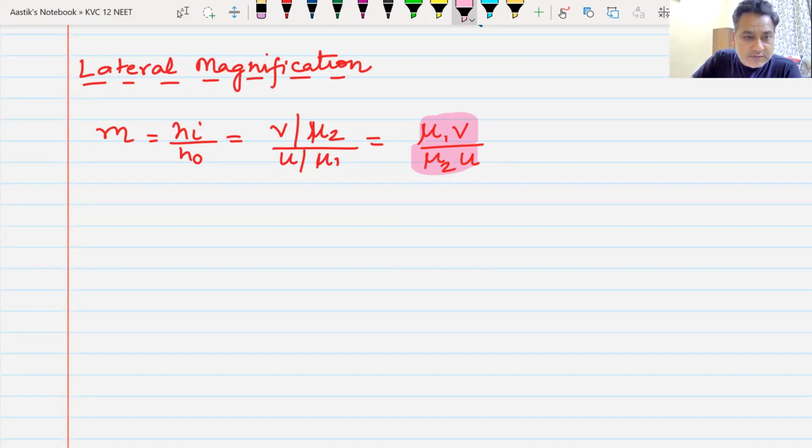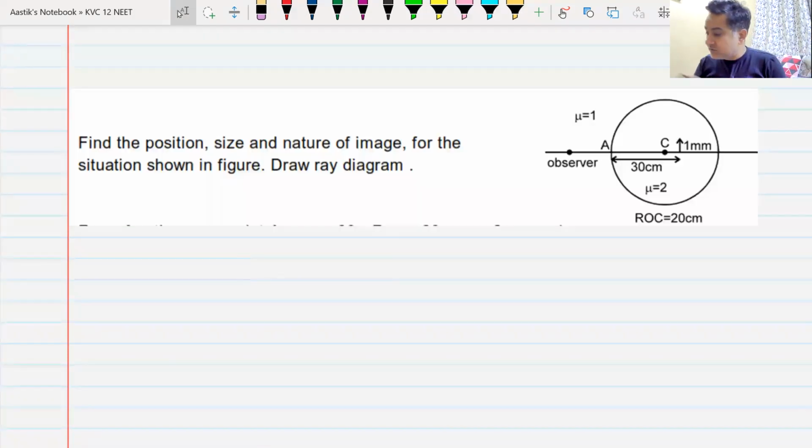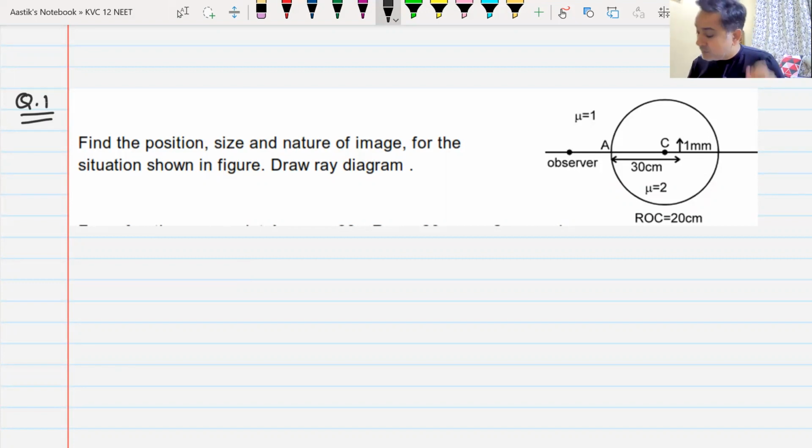The question comes on your screen, and I want a quick answer from everyone. I can call it question number 1. Find the position, size, and nature of the image for the situation shown in this figure. You don't have to draw the ray diagram. No one is going to ask you to draw the ray diagram. So as you can see, observer is here.